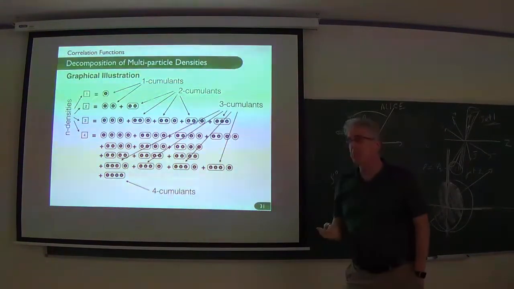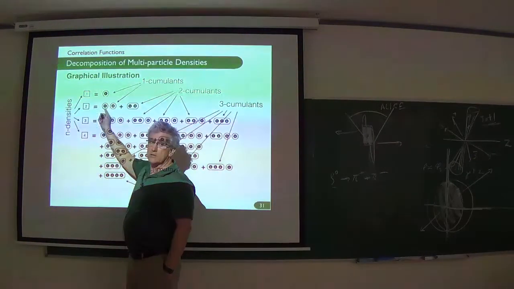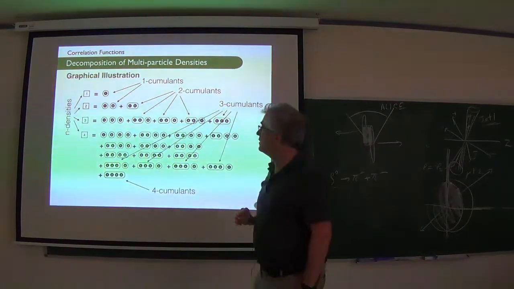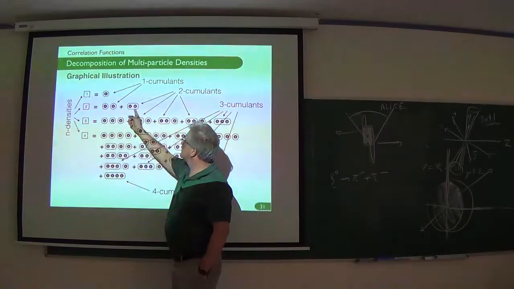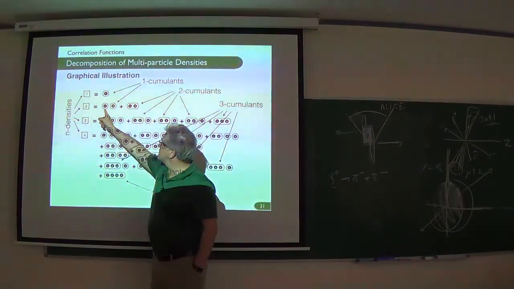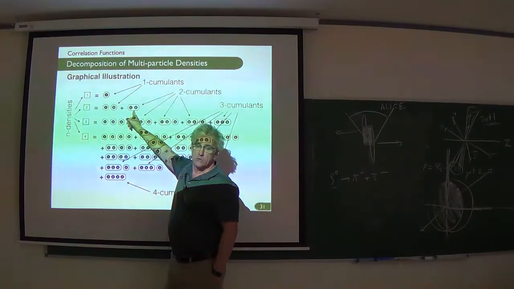If I'm looking at two particles, these two particles could be completely uncorrelated. That's what I symbolize by adding these two circles. Or they can be correlated with one another. That's what I'm going to write like this. So this will correspond to the product of two cumulants, C1, C1, and this will be a true two-particle cumulant.